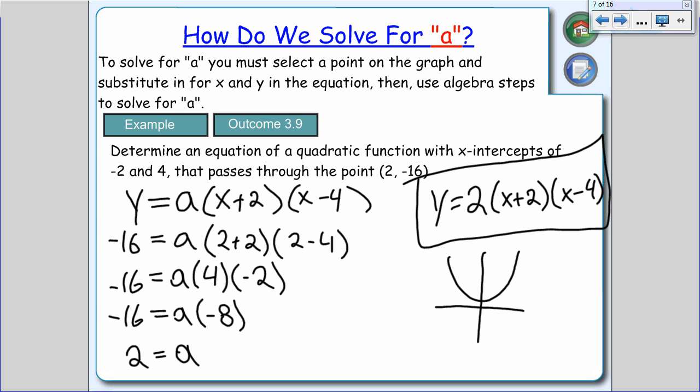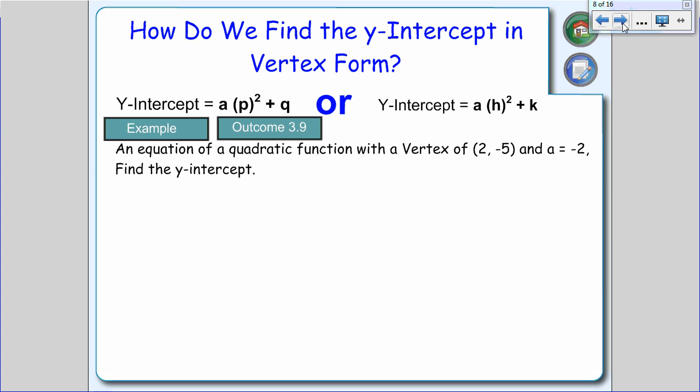Here's another type of question. First thing you've got to do is figure out what form is going to help you. So, an equation of a quadratic function with a vertex of 2, negative 5, and a is equal to negative 2. It's called vertex form.